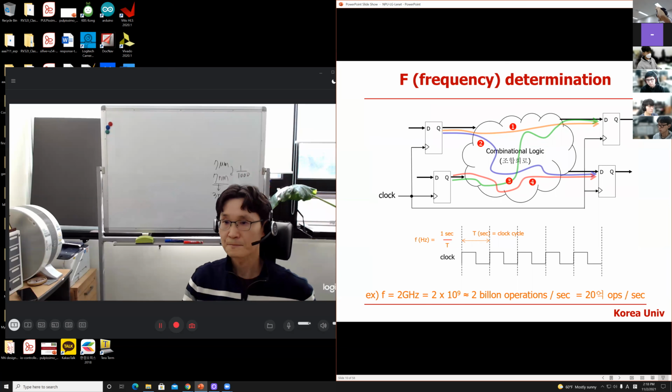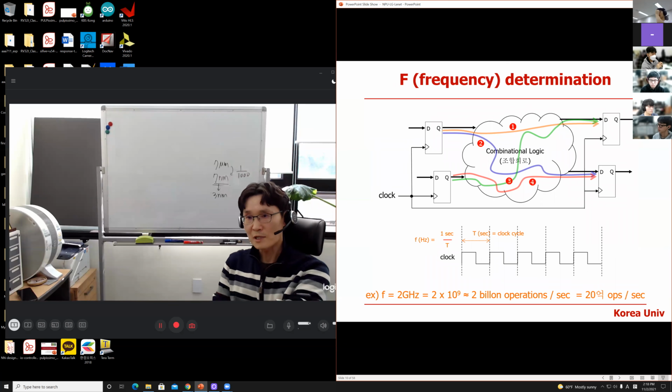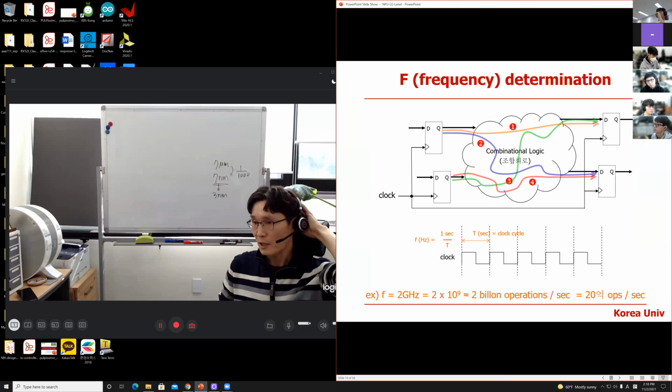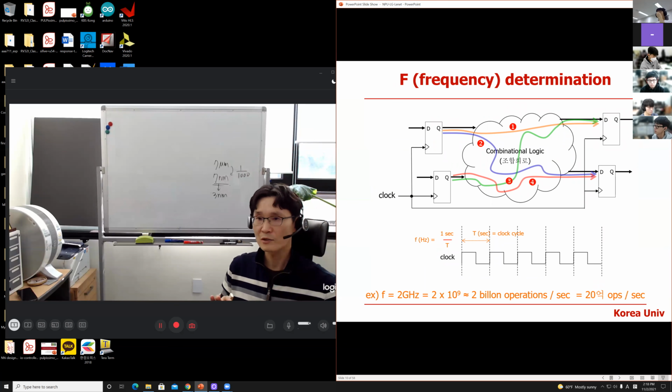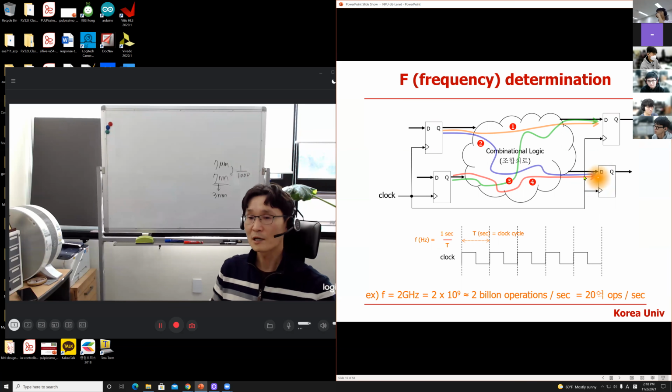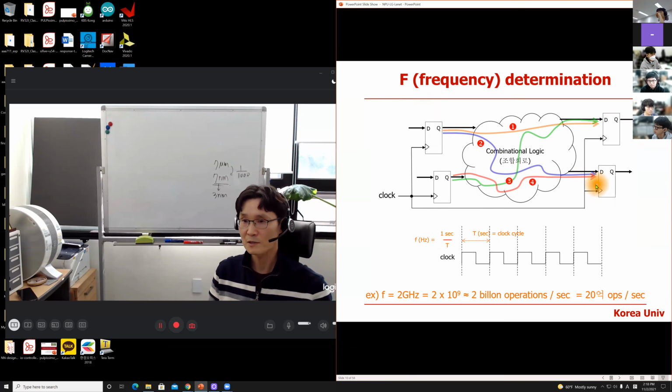Super small. And frequency determination. After designing digital logic, how do you determine the operating clock frequency? So based on critical paths, right? In this simple example, you have 4 flip-flops, and there are 4 different paths from the first flip-flop to that flip-flop, and from here to the bottom, right.